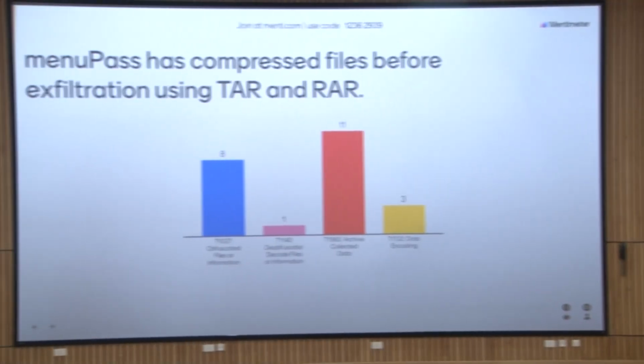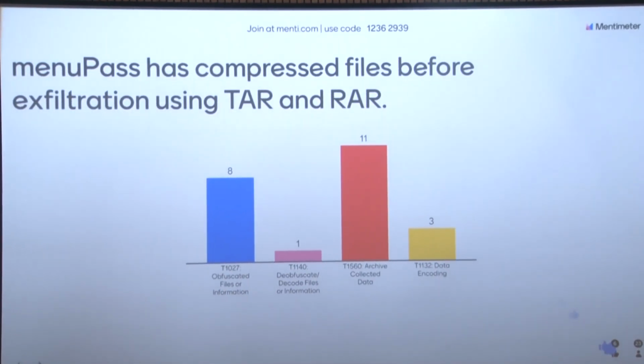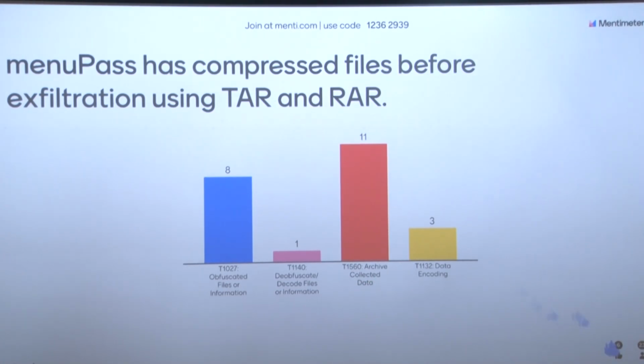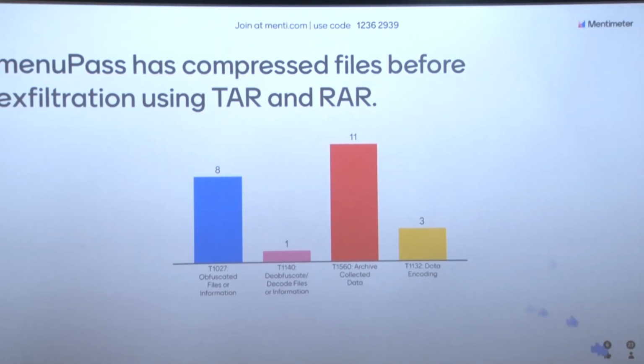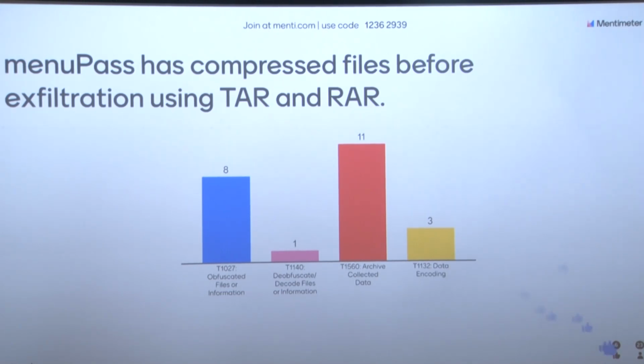Okay. So we have to understand which tactic it belongs to. Obfuscation comes under defense evasion, and archive collected data comes under exfiltration. Obfuscated files and information represents obfuscating the files with the aim or goal to evade the defense mechanism.